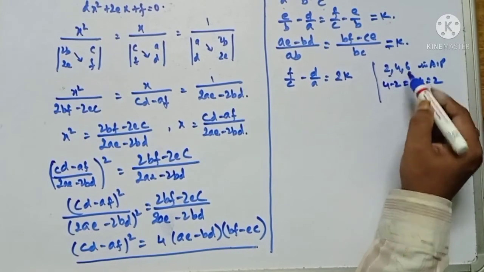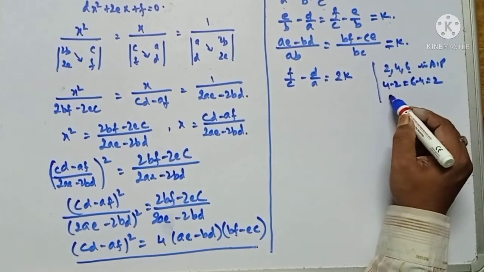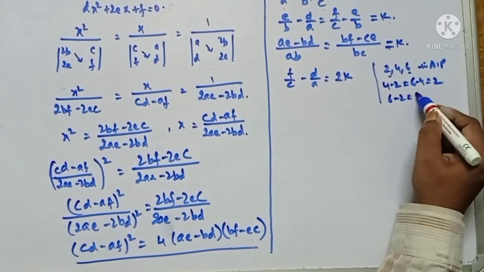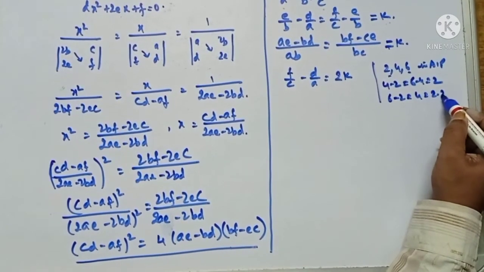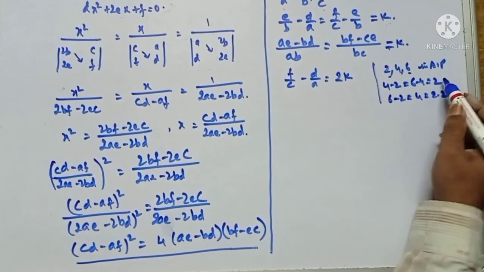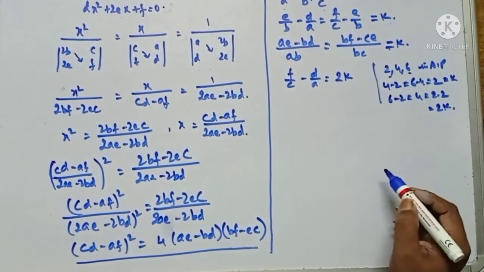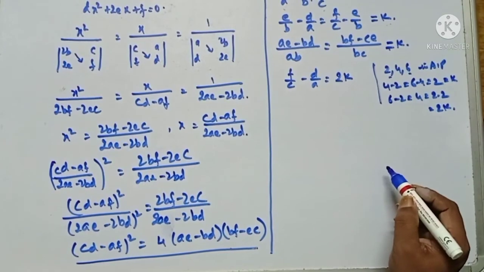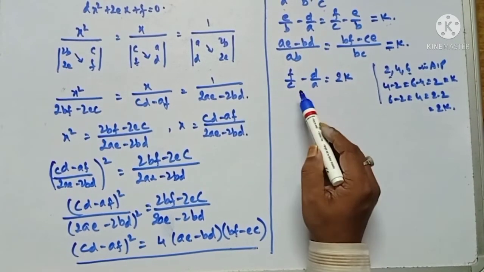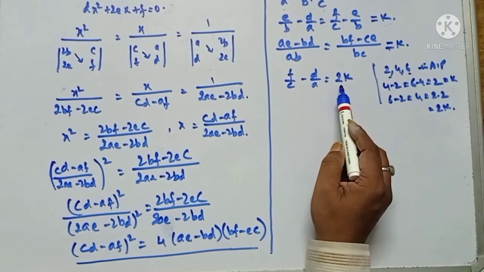Now the difference between the first and the last term, 6 minus 2, is 4, that is 2 into 2, that is 2 times. If this is K, then here it is 2 times K. So in AP the difference between the first and the last term will be 2K.